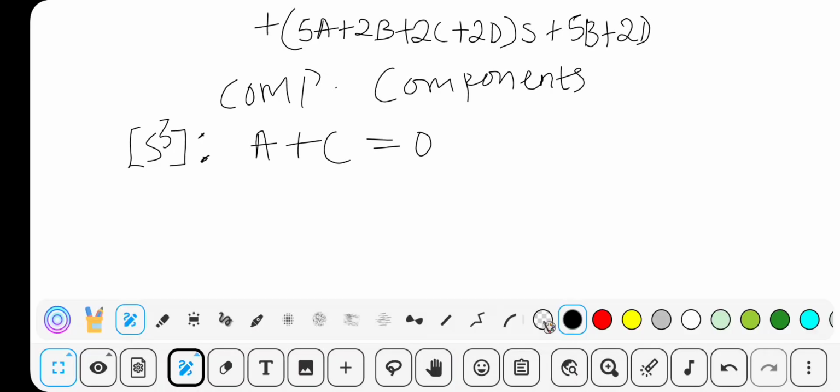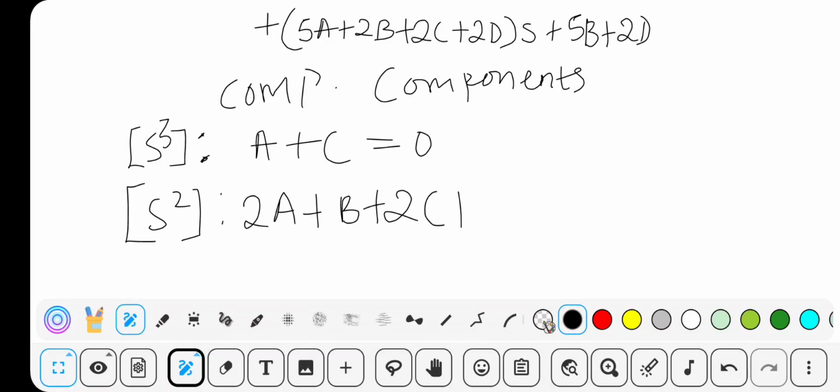For the s squared component, you have 2a plus b plus 2c plus d is equal to 1. Let's call this equation 1, equation 2.